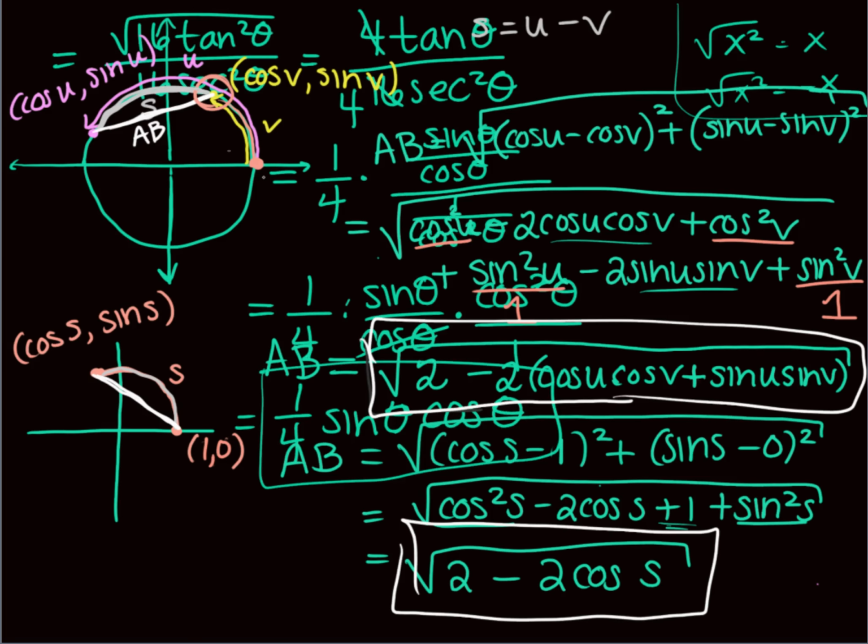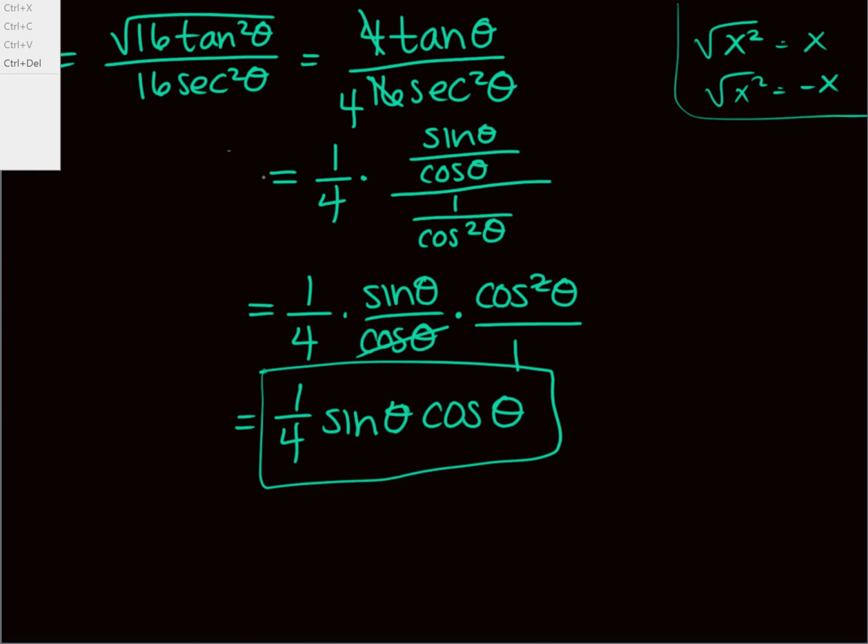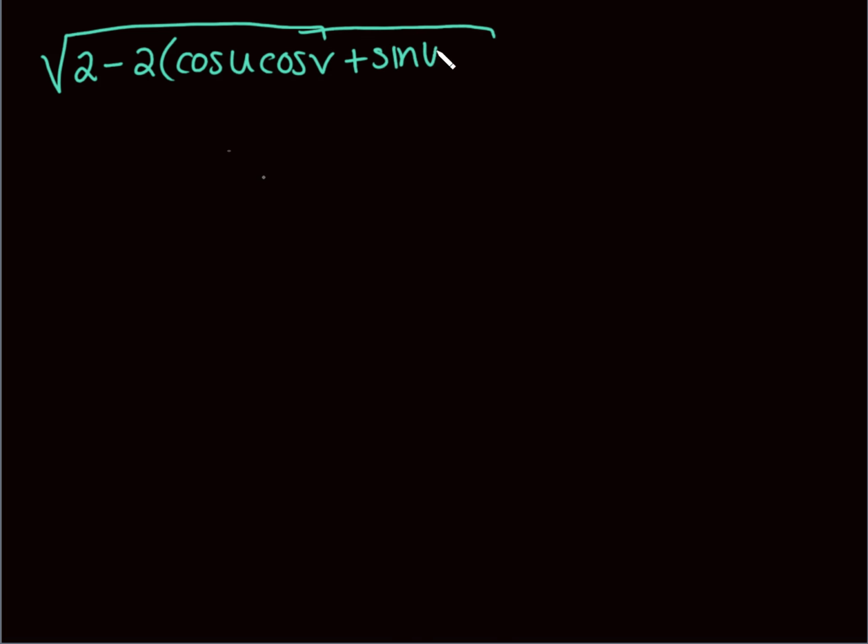So what I'm going to do now is clear this layer, and then equate those. I know that those ABs must be the same distance. That means I know that 2 minus 2 times cosine of U, cosine of V, plus sine of U, sine of V must equal the square root of 2 minus 2 cosine of S. Now square both sides.